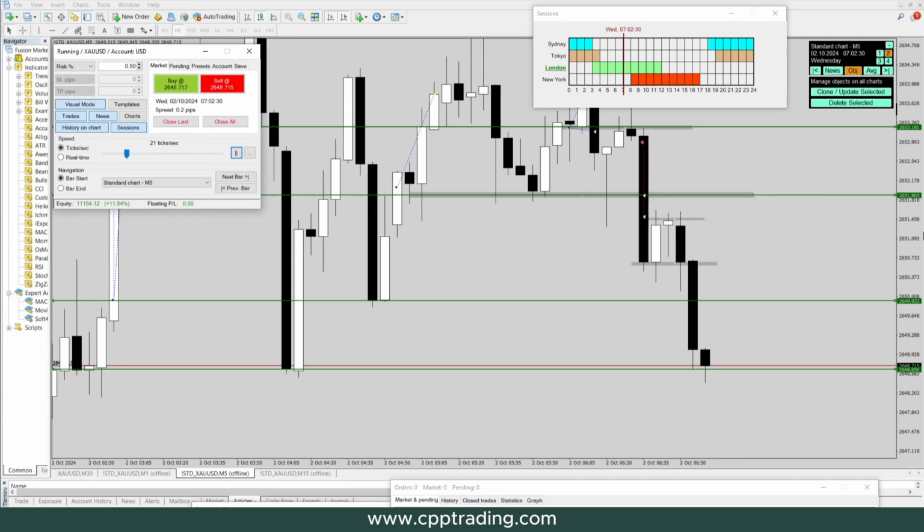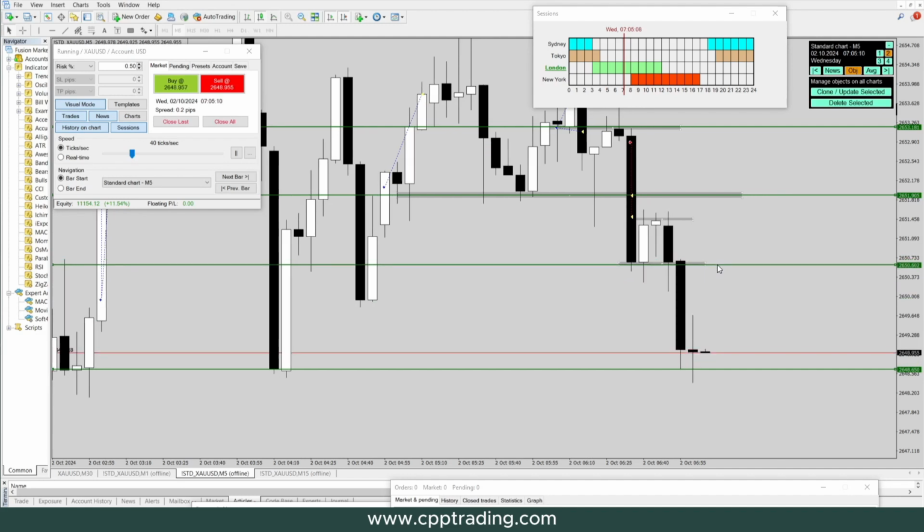We can speed up the time slightly. See how this candle is going to close. If it's closing bullish, good chance to move back up and retest 2650.